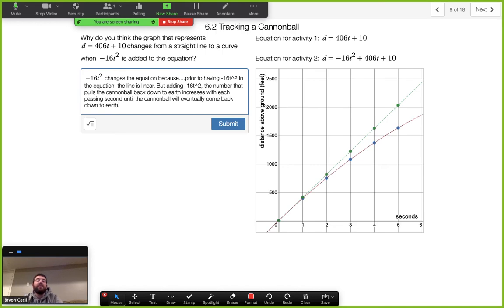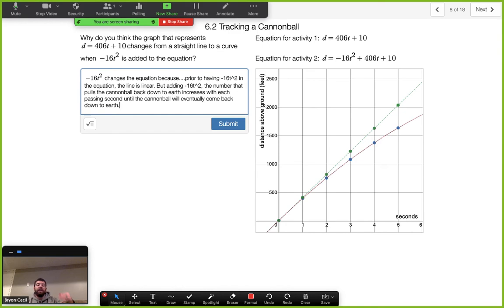What that means is, at 1 second, I'm taking 1 squared times negative 16, so it's a negative 16. That's all it's subtracting. But when I take negative 16 times t squared for 2 seconds, now I'm taking 4 times negative 16, and you get negative 64. So now I'm subtracting 64, but then it gets even worse.